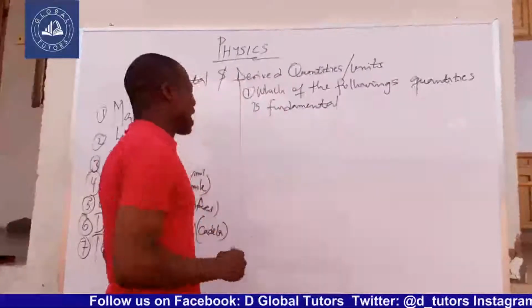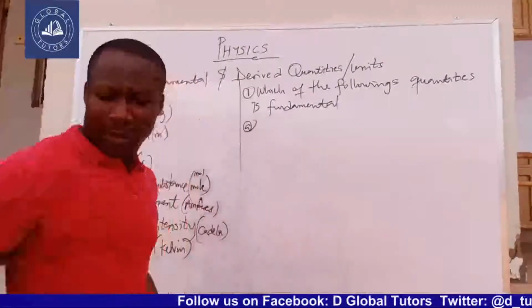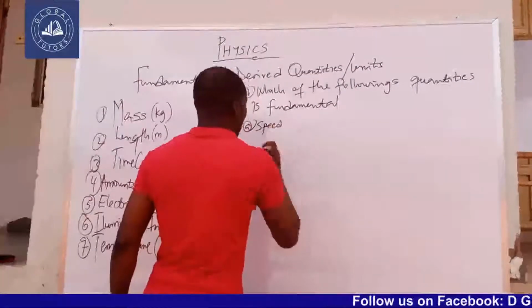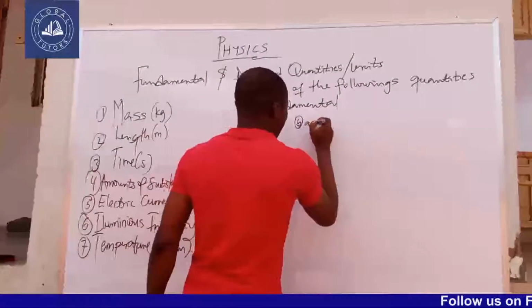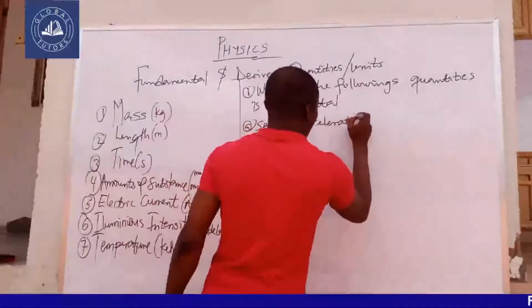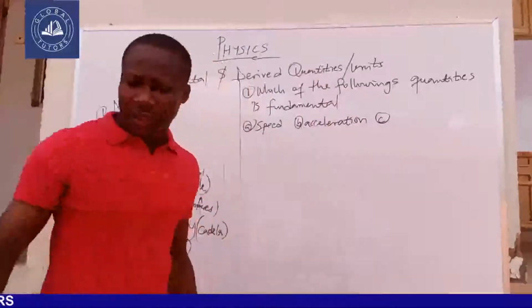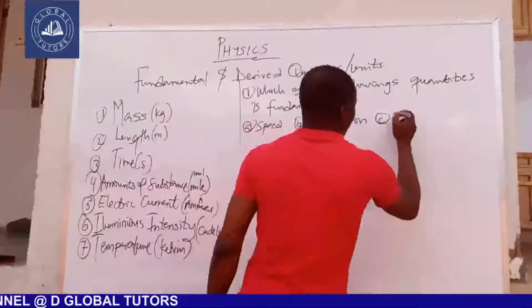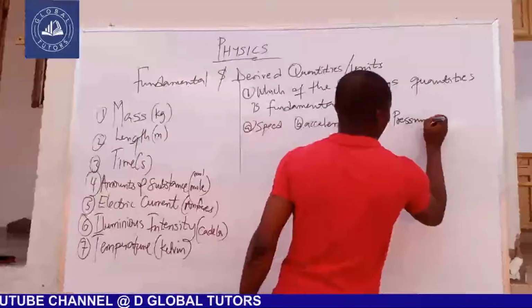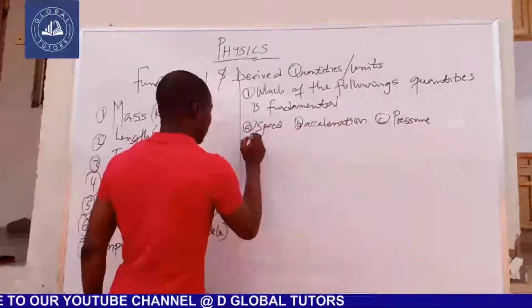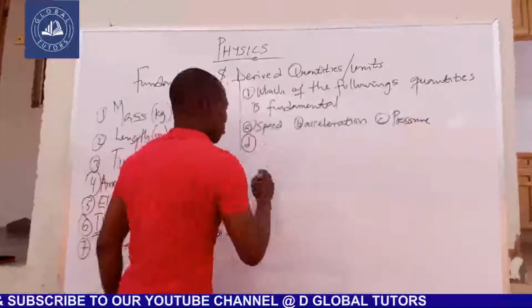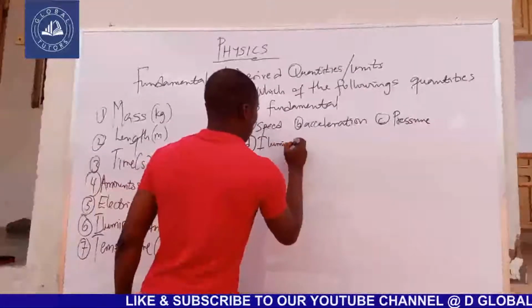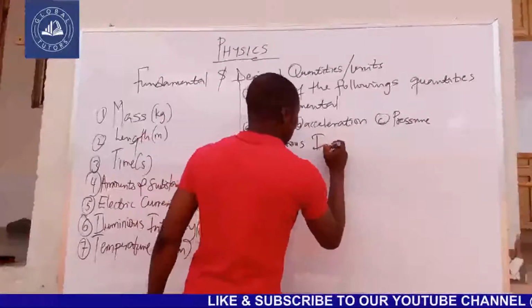And the options are option A, speed. Option B, acceleration. Option C, pressure. And option D, luminous intensity.